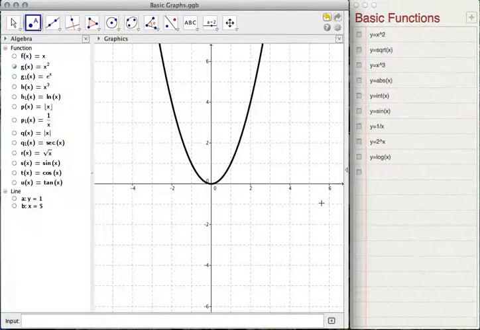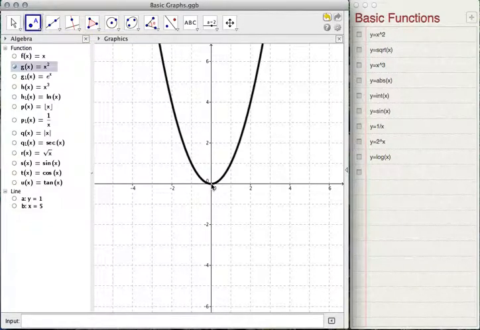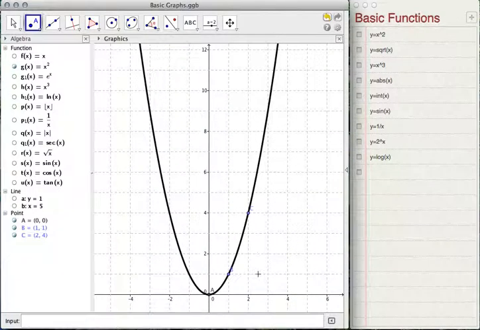The parabola y equals x squared is an important function to memorize. And here the key points are (0, 0), (1, 1), and (2, 4), since 2 squared is 4. 3 squared is 9, so (3, 9) is another key point.